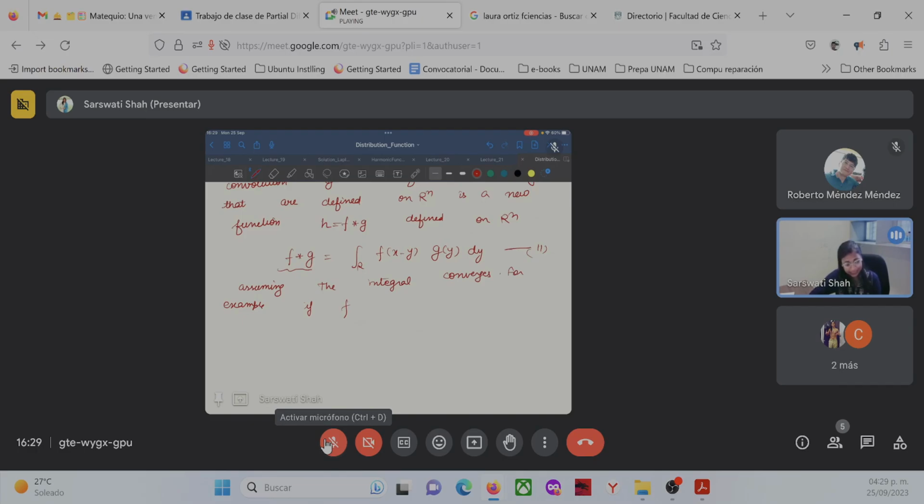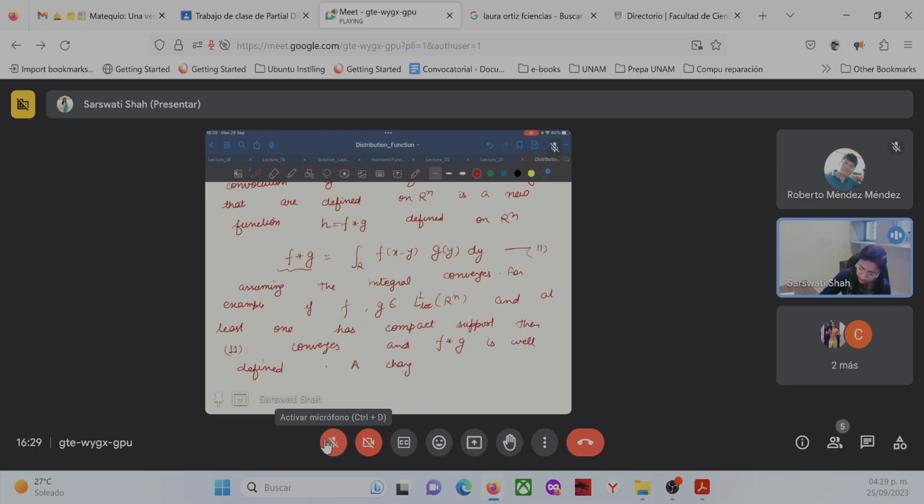Even if f comma g belong to L local 1 of Rn and at least one has compact support, then 11 converges and f star g is well defined.